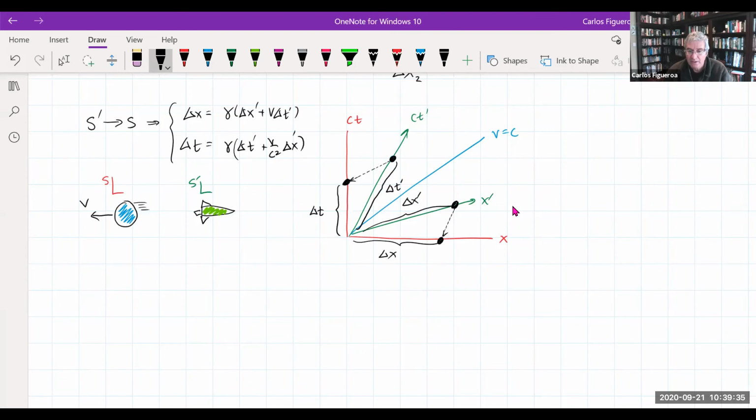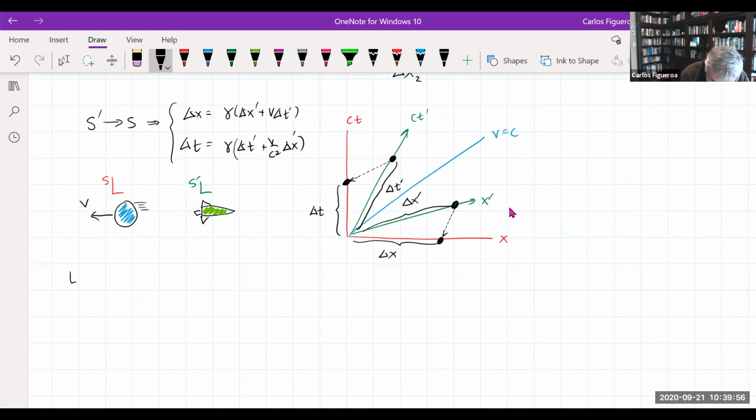So to give you a sense of how you make some of these calculations, I want to go in and look at a length contraction and a time dilation, just really briefly.